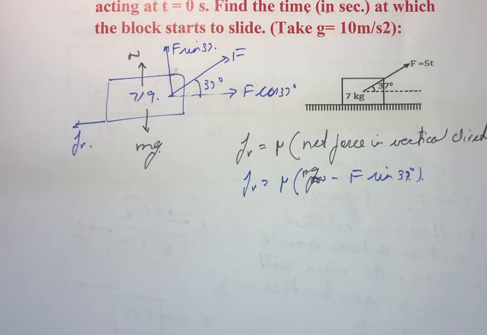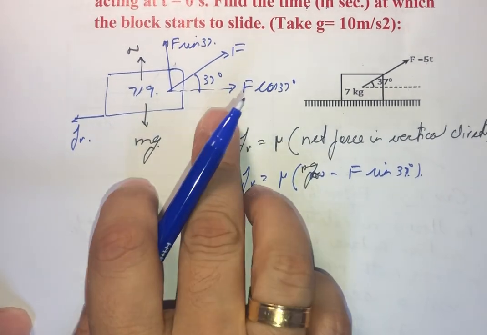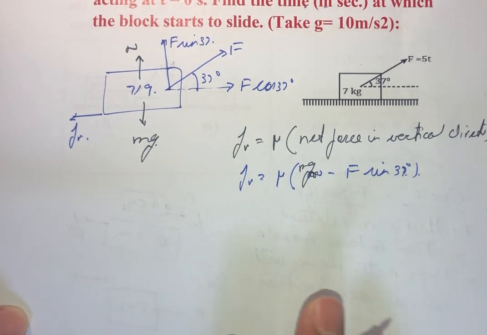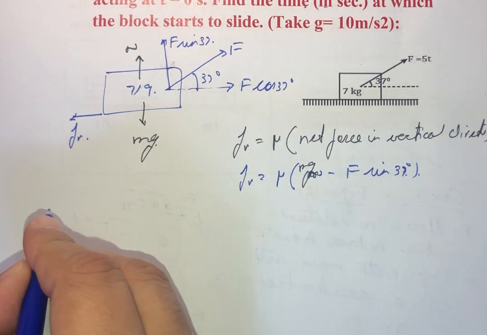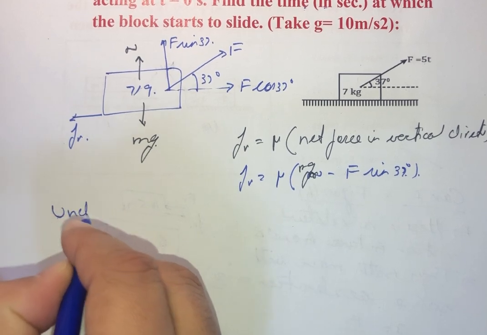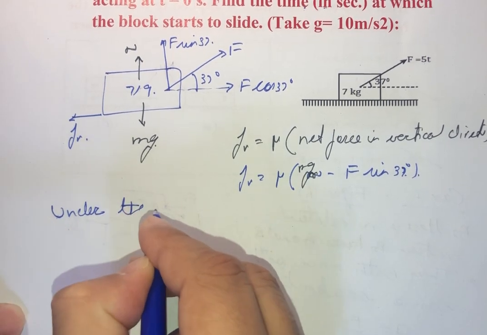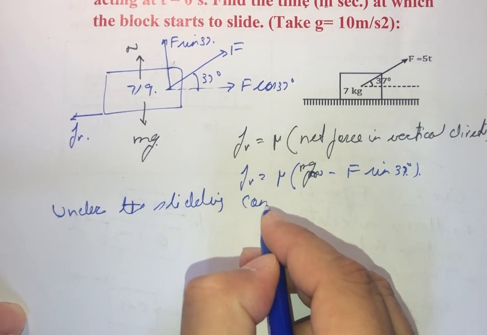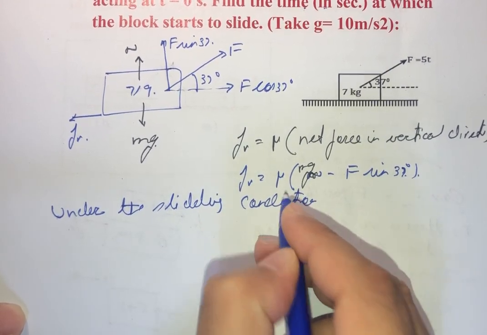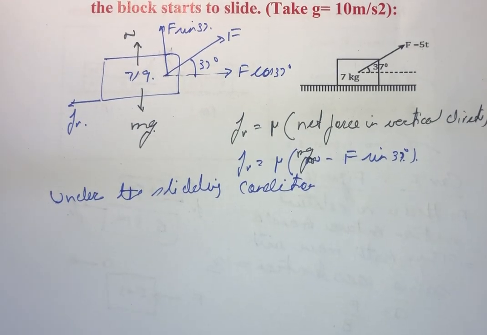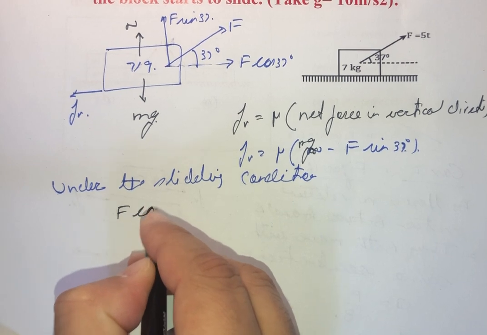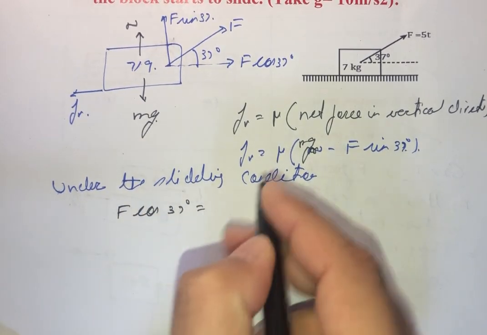Now, as soon as the block is going to start to move or slide, under the sliding condition, we are going to have that our applied force, that is F cos of 37, will be equal to Fr.